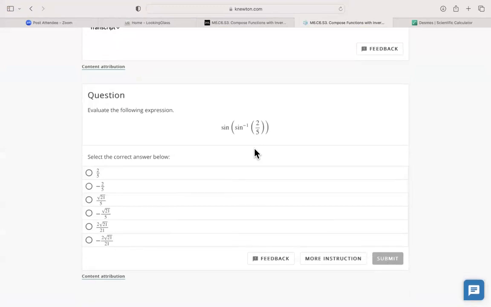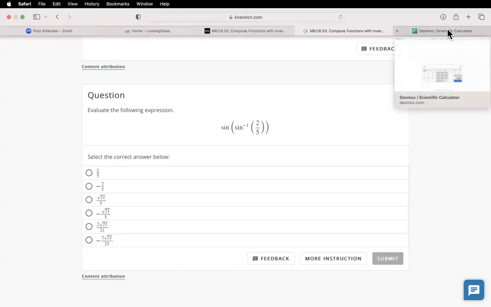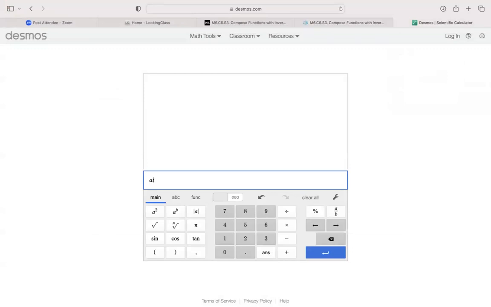Same kind of idea here: you can use a calculator to put the answer if you want. That Desmos one's pretty good. I also use Wolfram Alpha a lot. There are ways to do this by hand, though.